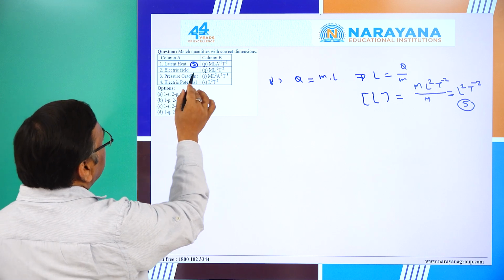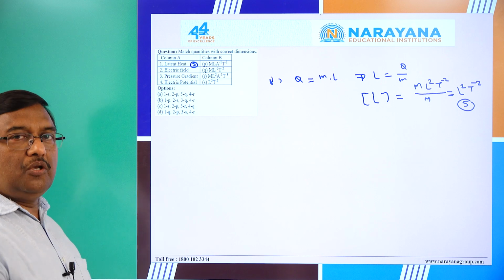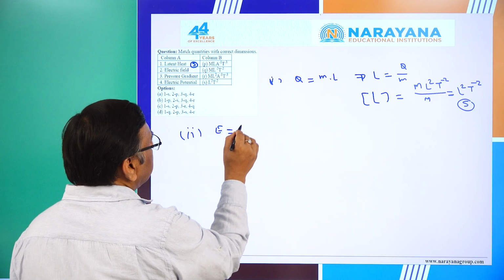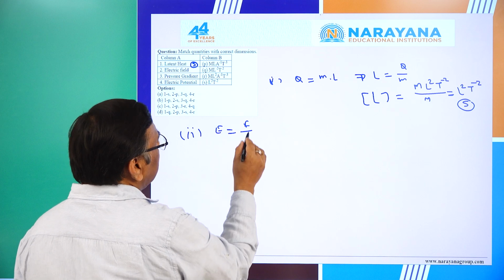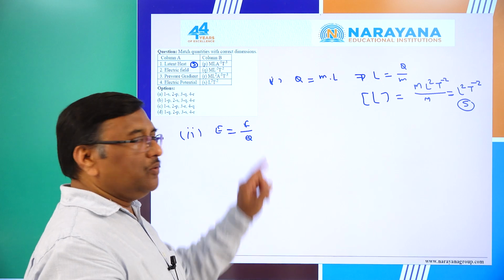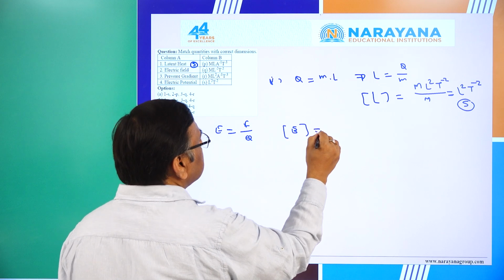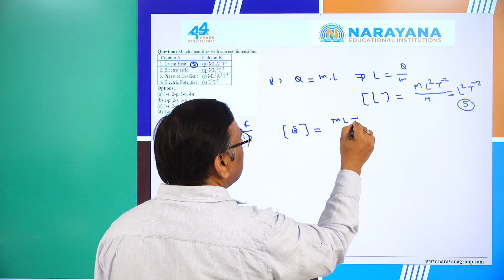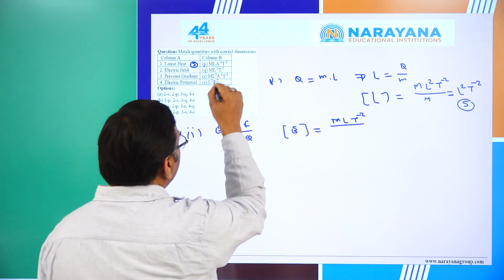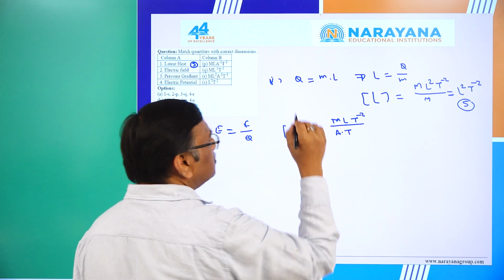Secondly, for the electric field, what is the easiest formula to decide it? You know F is equal to E into Q. So for the second case, I write my electric field E as F upon Q. But you know Q is nothing but current into time, Q is equal to I T. So the dimensional formula for electric field intensity: F is going to be M L T minus 2, that is mass into acceleration, divided by Q, where charge is current into time.